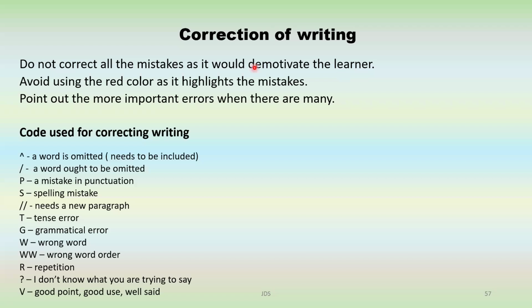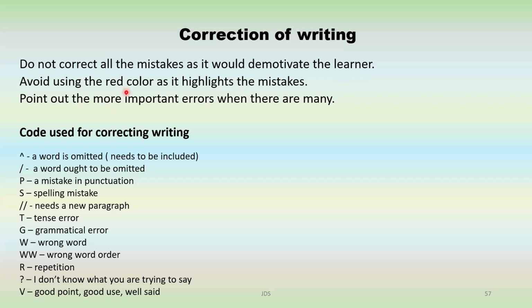Beginners, don't go to correct each and every mistake. Whatever the important one, or maybe the mistake that is causing some kind of a meaning difference, should be corrected for the beginner level as well as for the intermediate level.